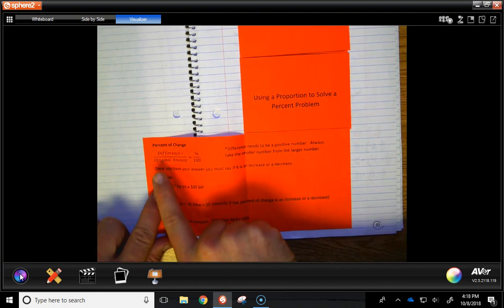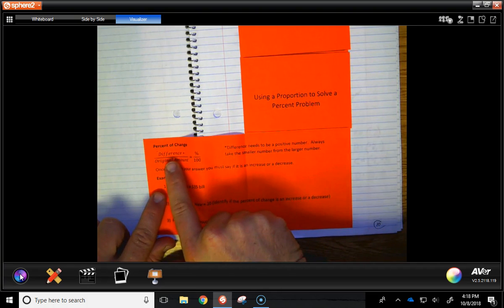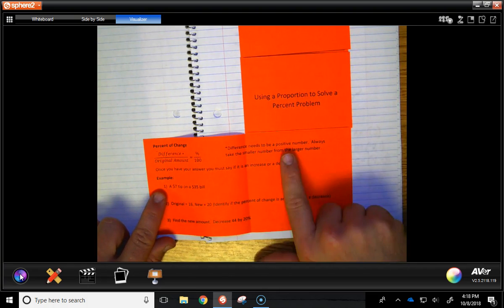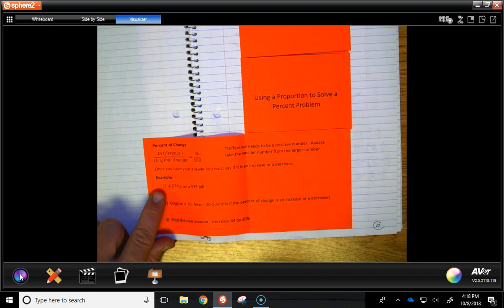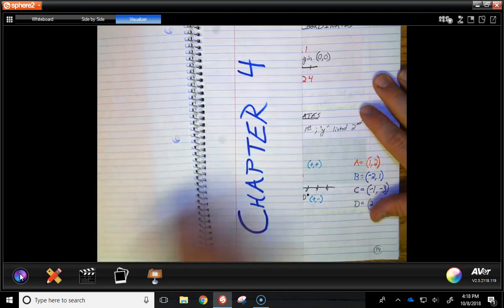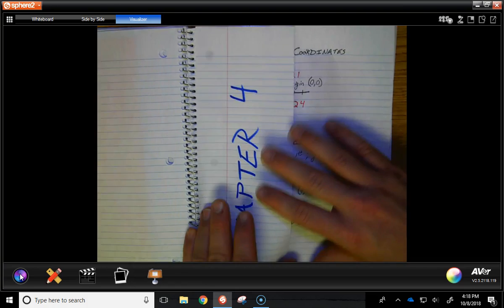I know we need to know this. Percent of change, remember the difference, which is always a positive number. We want the absolute value over the original amount equals a percent over 100. And our examples that you could have done. In Chapter 4, these are some that you probably don't have down yet.